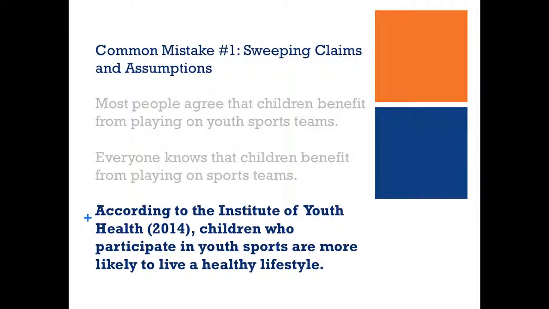So rather than the two first sentences, we might write, according to the Institute of Youth Health, and then cite it, this is in APA style, 2014, children who participate in youth sports are more likely to live a healthy lifestyle.